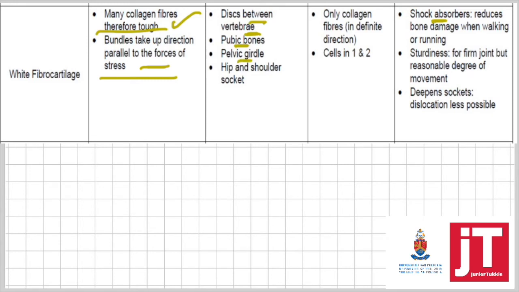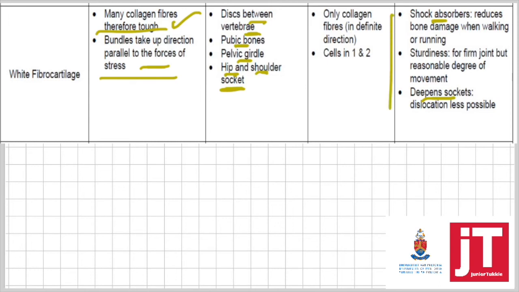Pelvic girdle, okay, also allows for sturdiness and helps again to form the pelvic girdle or the hip bone. And then it's found in our sockets, in our hip and our shoulder sockets. So it can deepen your socket so that the bone fits deep in the socket to prevent dislocation.